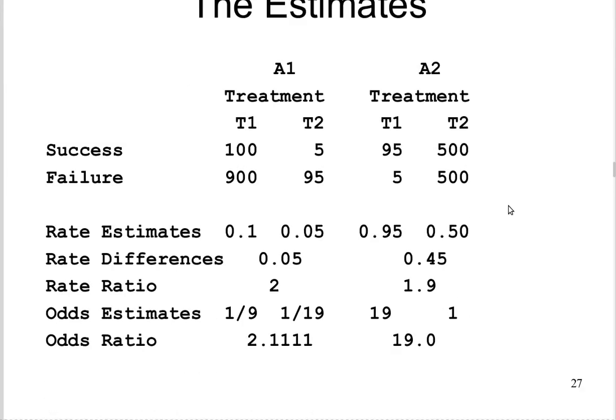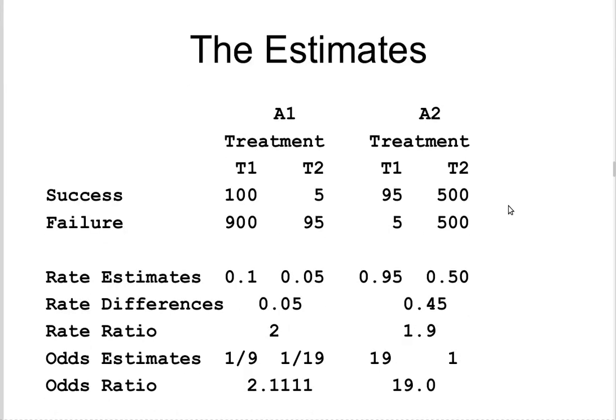Now we have estimates of the rates, the rate differences, the rate ratios, the odds and the odds ratios, but we have them for both surgery groups, for surgery group A1 and surgery group A2. What have we got? We're going to have 4 rate estimates, 2 rate differences, 2 rate ratios. We'll have 4 odds estimates and 2 odds ratios.